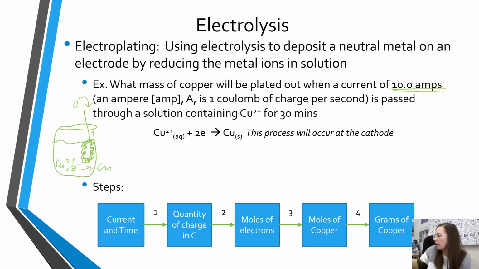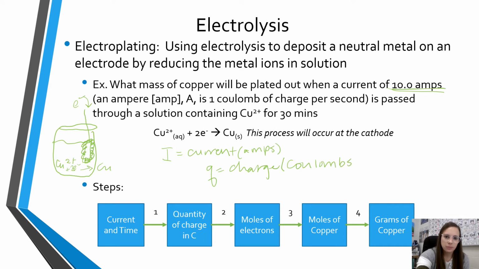Now, you are told on your reference sheet that we have a variable for current. It is I, and its unit is amps. Then Q is charge in coulombs, and T equals time in seconds.